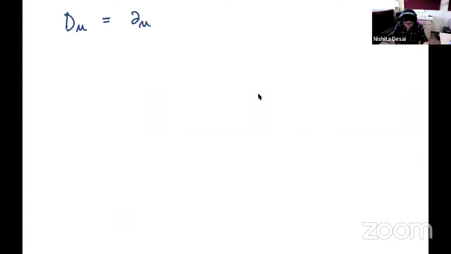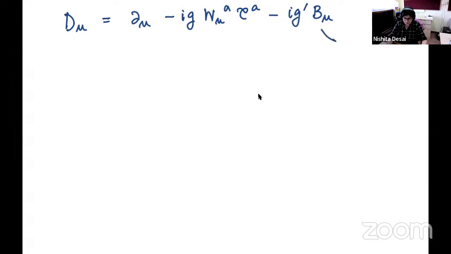So you have del mu as before, g W tau A as before, and then you also add an extra term corresponding to the U1 gauge field.